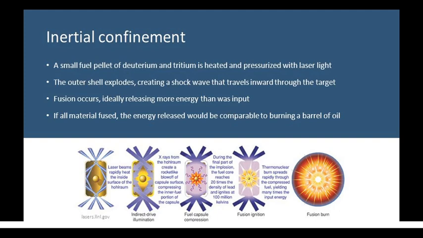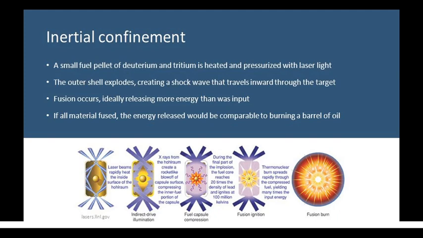So that is the inertial confinement method, which uses high energetic laser beams. These heat the deuterium-tritium pellets to a high temperature, so that they get compressed and their density is increased, the conditions are met, and nuclear fusion takes place, releasing energy.